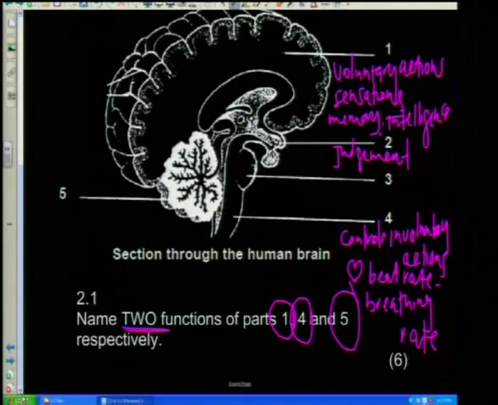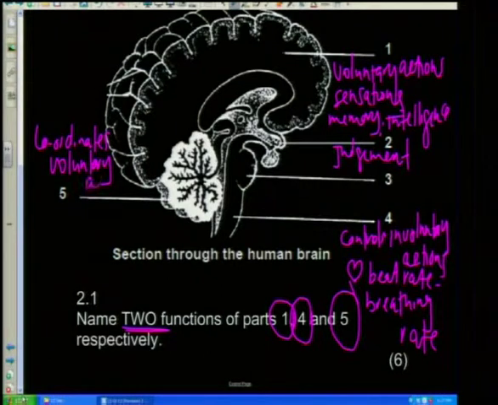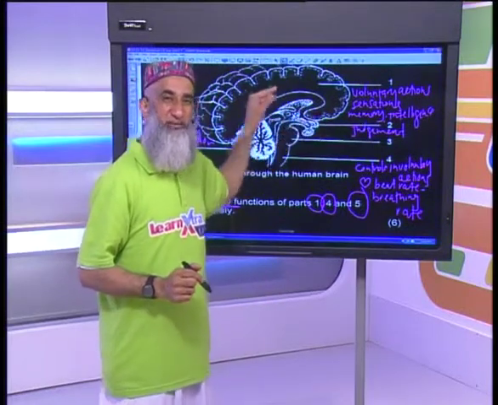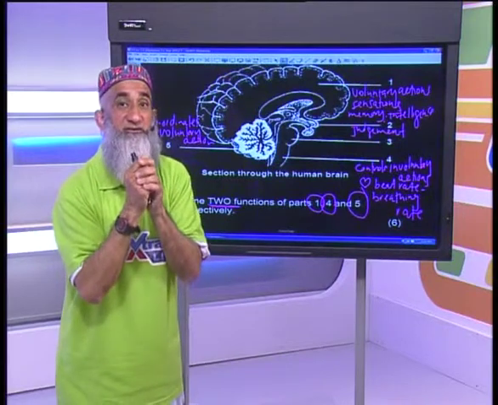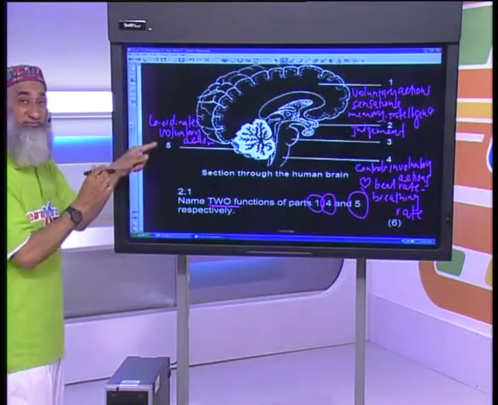Cerebellum, this one here on the other side. This one coordinates voluntary action. Now you may wonder, we spoke about voluntary action there, we're talking about it here. Here we said the cerebrum makes it possible. The fact that I can move my hand, cerebrum is making it possible. Cerebrum is controlling that. But the fact that I can throw this pen and catch it, the cerebellum coordinates voluntary action.